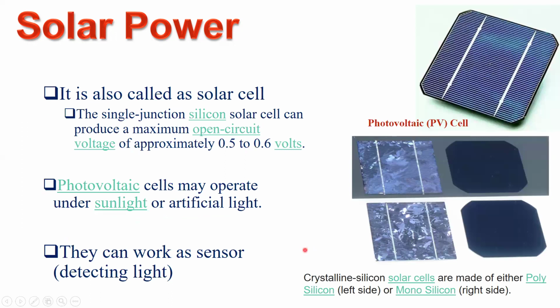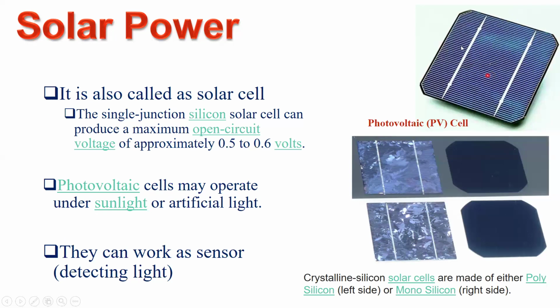So let us come back to the basics. Again, as I said, this is a unit photovoltaic cell. Basically, it's made of silicon, which is a semiconductor. This is a single junction solar cell, which can produce a maximum open circuit DC voltage of approximately 0.5 volt to 0.6 volt.